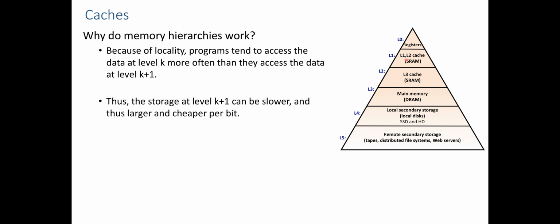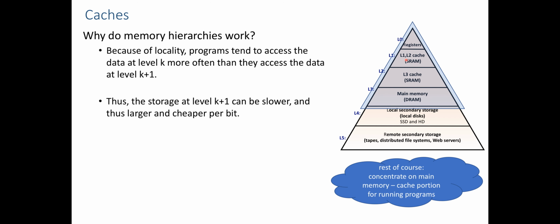Now, we're going to really concentrate on this part of the cache. I'm going to mention some of the other levels and some other types of caching in this presentation, but generally speaking, for the rest of this course, we're going to concentrate on this area from main memory up through the level 1, level 2, and level 3 caches.